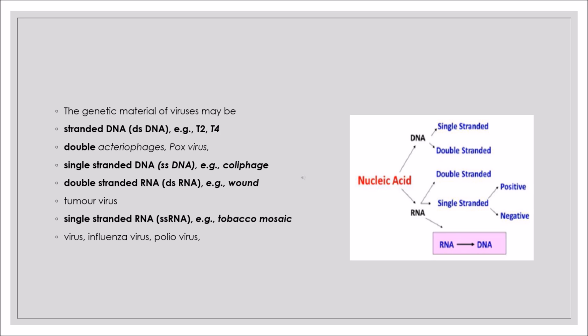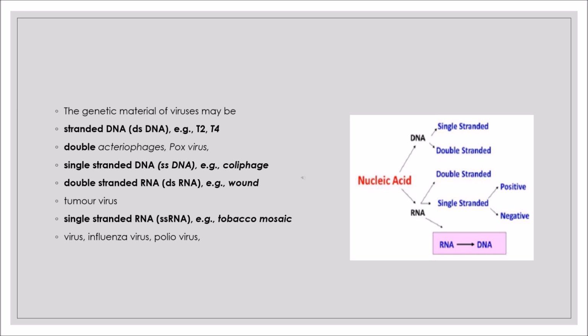So these are the different types of viruses based on what type of genetic material is present and its number of strands. In the image you can see nucleic acids, DNA, deoxyribonucleic acid, and RNA, ribonucleic acid, which are the full forms of DNA and RNA.